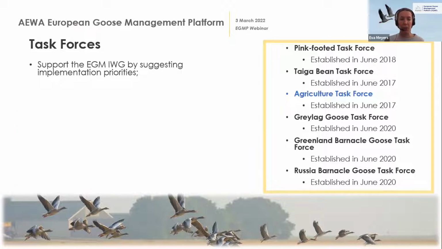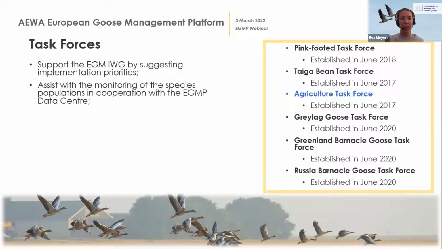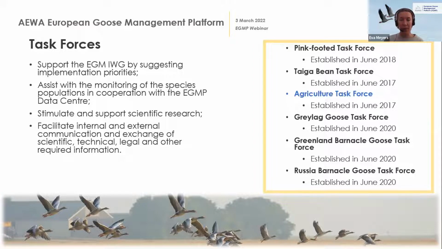But essentially, the role of these task forces, which are the active and more dynamic bodies of the platform working in between the annual meetings of the International Working Group, is to support the International Working Group by suggesting implementation priorities and emerging issues, assisting with the monitoring and data gathering of species populations together with the EGMP Data Centre, stimulating and supporting scientific research, providing feedback on scientific research that has any relevance to the platform, and facilitating the internal and external communication and exchange of scientific, technical, legal, and other required information.